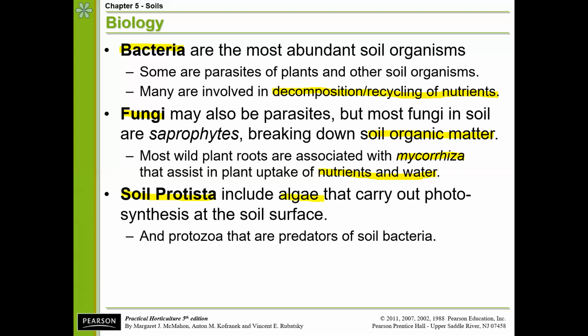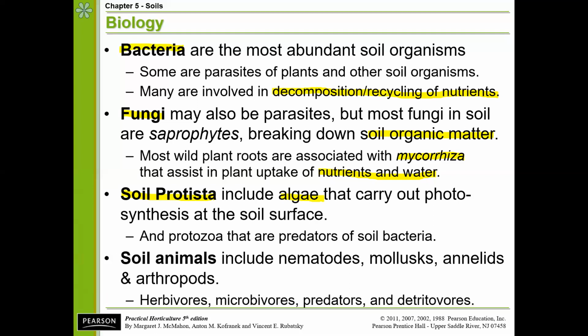Again, good and bad. Sometimes they do good things for us. Sometimes they do bad things and feed on the plant roots themselves. And then, of course, we have lots of animals, ranging from these little worm-like creatures, nematodes, up to snails and slugs and crustaceans like the roly-polies or sow bugs you see in the soil.